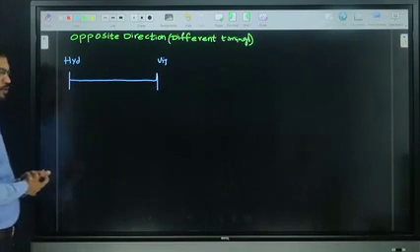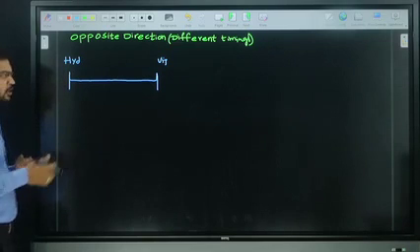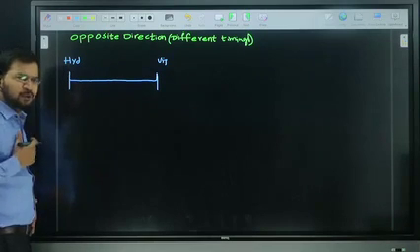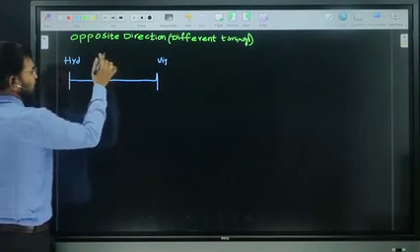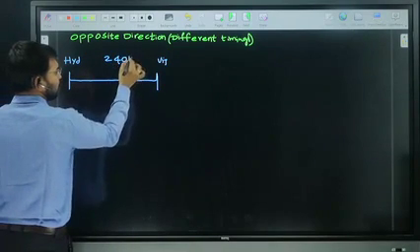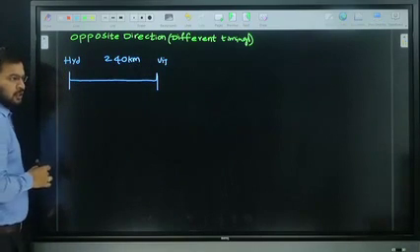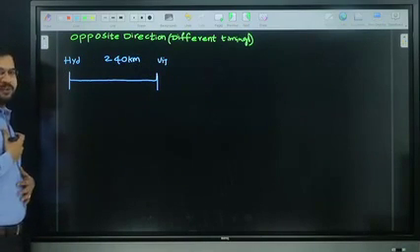The distance between Hyderabad and Vijayawada is 240 kilometers. It's not the original figure, I am just assuming.